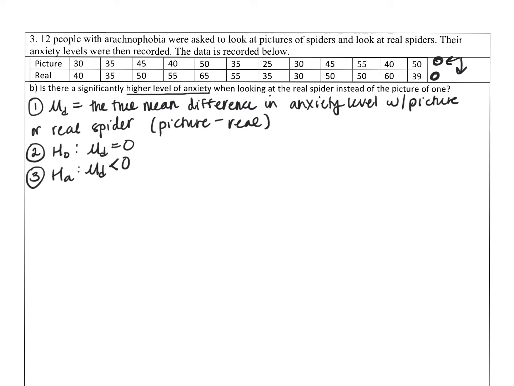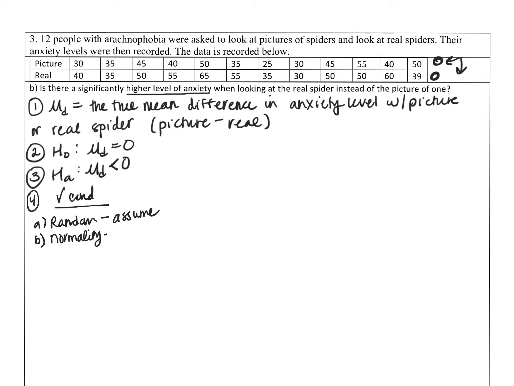All right, so number 4, check your conditions. Part A, is the sample random? Let's see, it's going to be assumed. Okay, part B, normality. So what you have to do here is one of two things.